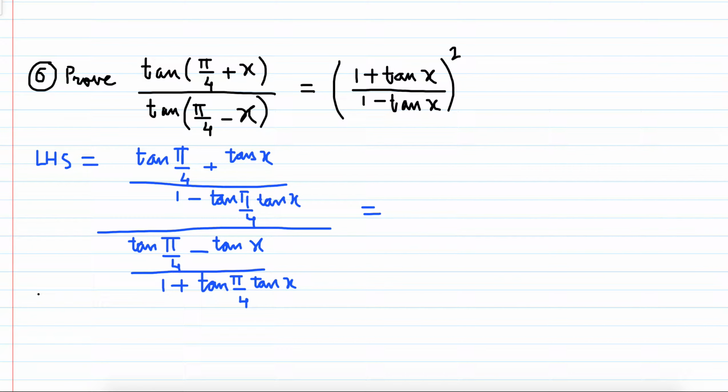Tan pi by 4 is 1, so we will write it as 1 plus tan x divided by 1 minus tan pi by 4 is 1, so 1 minus tan x.